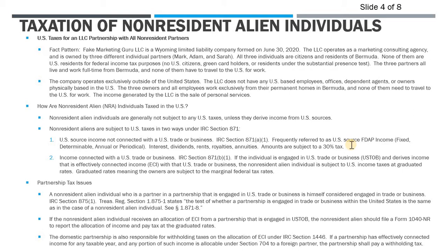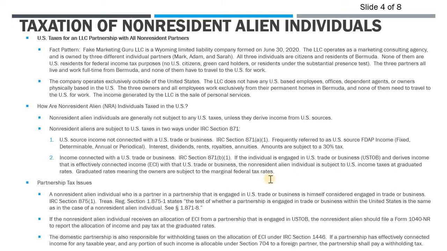So that's number one. The second way a non-resident can be subject to tax is under 871(b)(1), which is if you derive income connected with a U.S. trade or business. If an individual is engaged in a U.S. trade or business and has effectively connected income, ECI, with that U.S. trade or business, the non-resident is going to be subject to income taxes at graduated rates, meaning you're subject to the marginal federal tax rates in the United States.